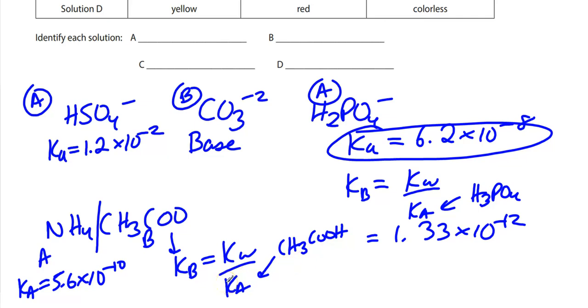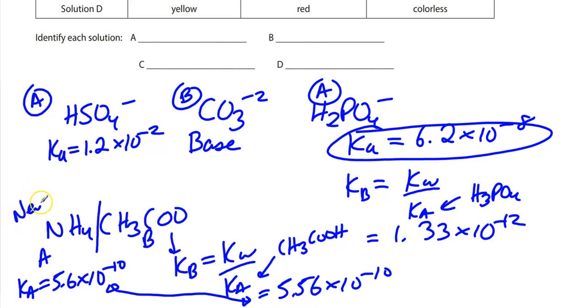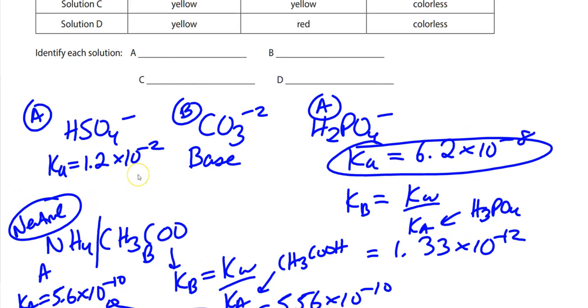So we do 1 times 10 to the negative 14 divided by 1.8 times 10 to the negative 5. So this guy is 5.56 times 10 to the negative 10. So actually this is pretty close to being neutral, right? Those numbers are very, very close to each other. So I would say this is pretty much neutral, which is probably going to help us with determining what's going on up here.